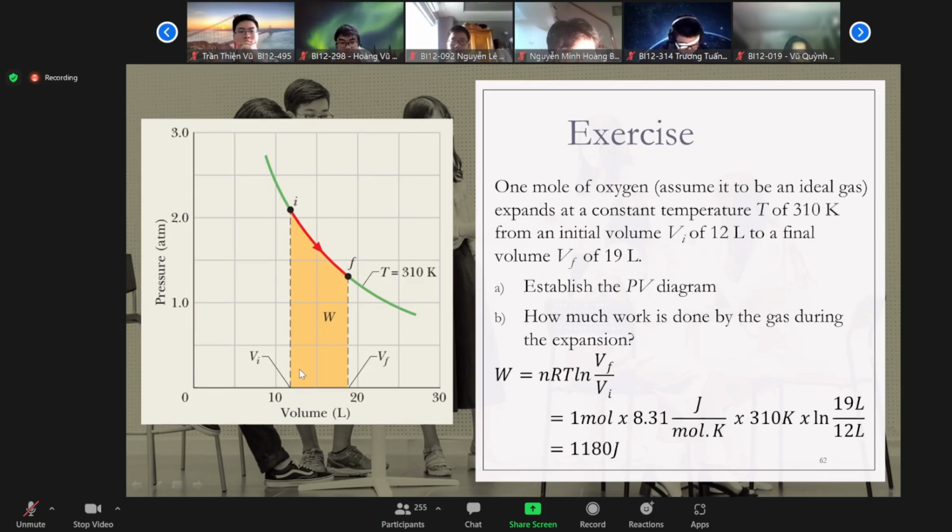For example, here we have 12, you should be able to find the pressure around here. And for the final volume, 19, you could find something here.